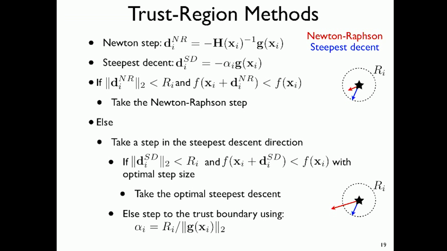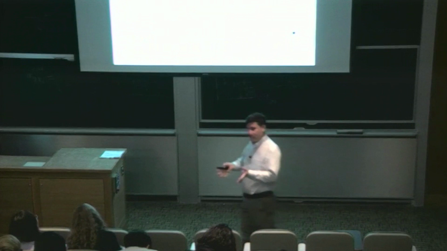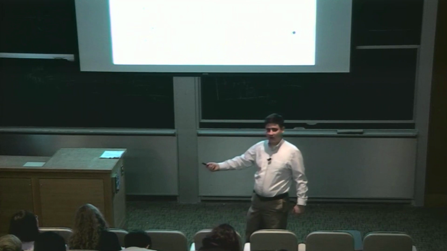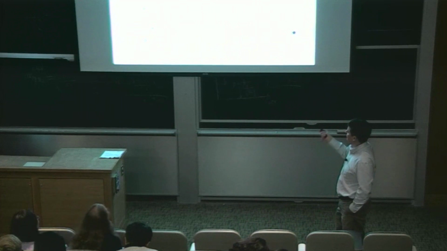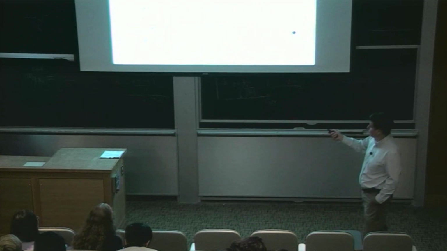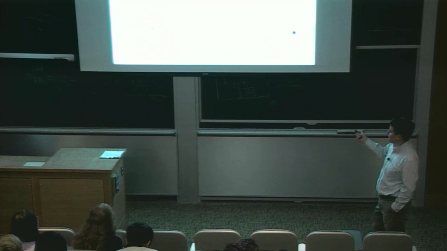I'm within the region in which I trust this approximation, and I've reduced the value of the function, so why not go that way? So take the Newton-Raphson step. Else, let's try taking a step in the steepest descent direction instead.